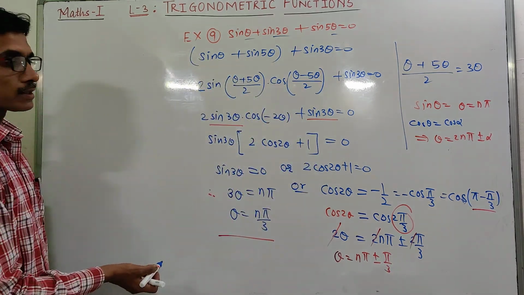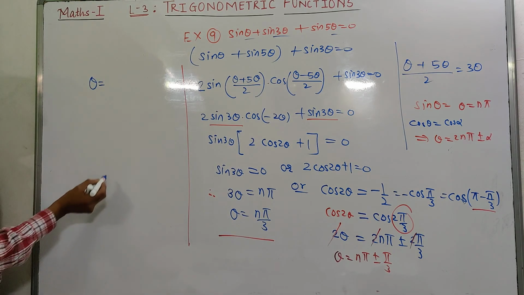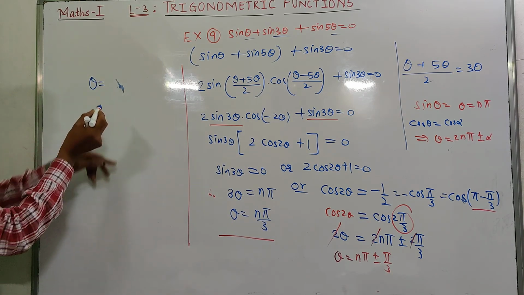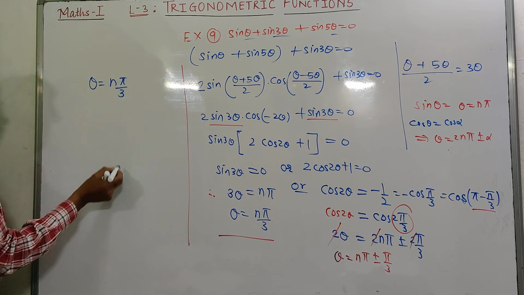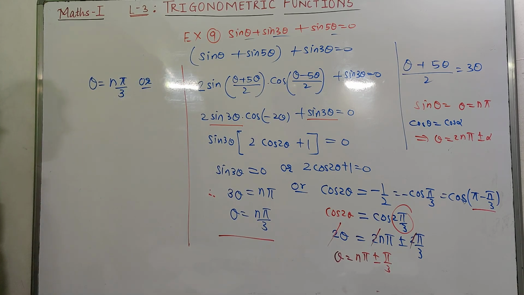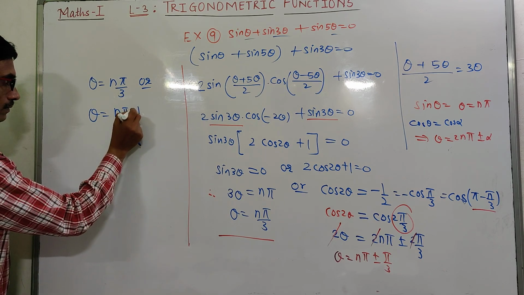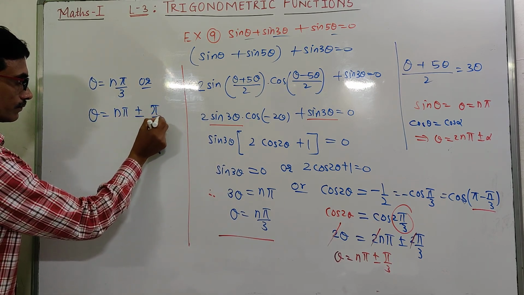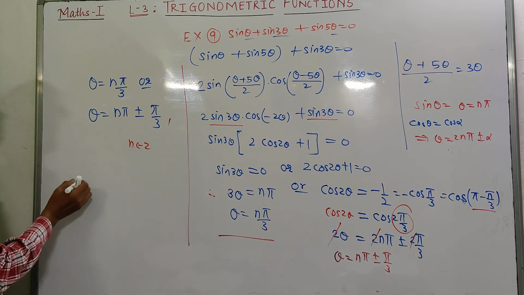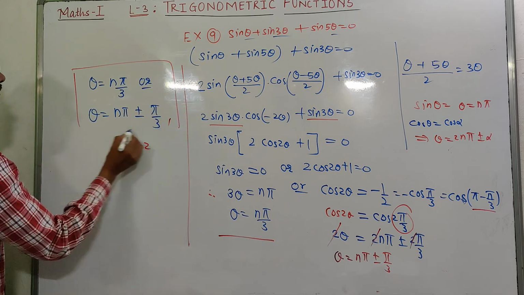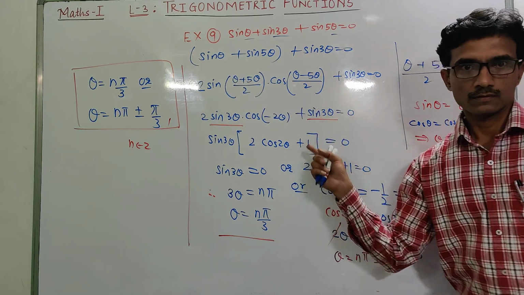So thus what is our solution? Theta is equal to n pi upon 3, or theta is equal to n pi plus minus pi by 3, where n belongs to Z. This is the general solution for this equation, which is a solved example.